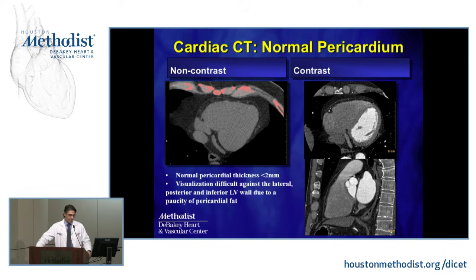And I hope you'll also appreciate that you can look at the pericardium both with and without contrast. So if you just want to know about the pericardium, you really do not have to administer iodinated contrast.